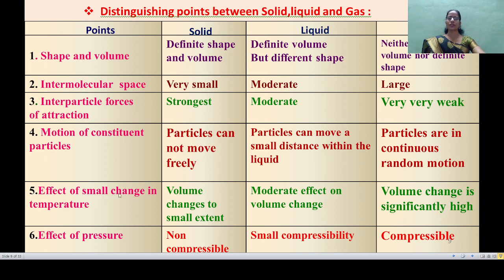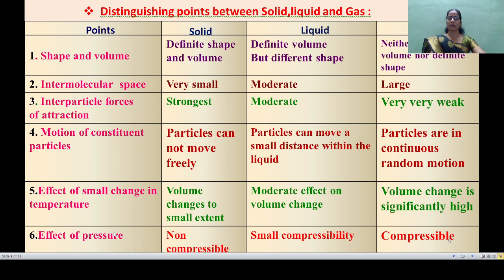Here, if we change the temperature of a substance in the solid state to a small extent, then you will observe that the volume changes to a very small extent, while matter in the liquid state shows a moderate effect on volume change, while gases show a significantly high volume change.